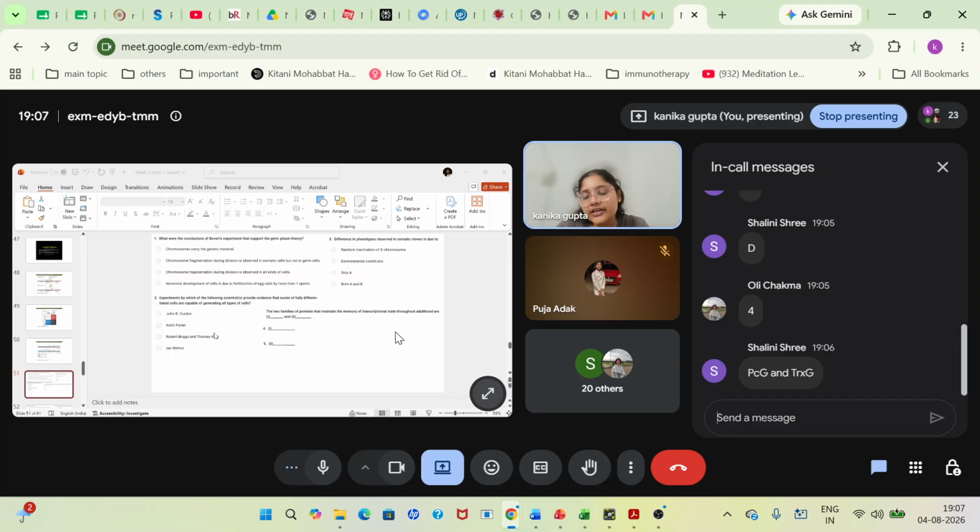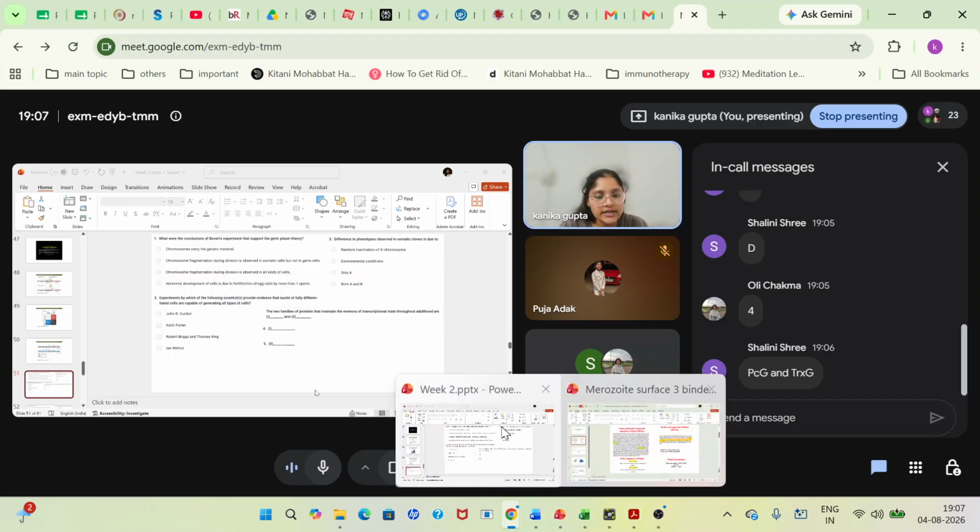The two families of protein that maintain the memory of transcriptional state throughout adulthood are... No one wants to answer, that's okay. Trithorax and Polycomb. It is Trithorax and Polycomb.